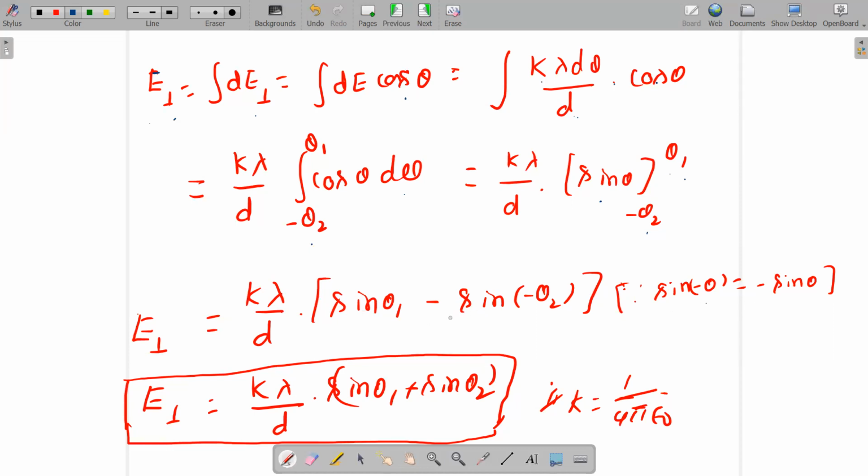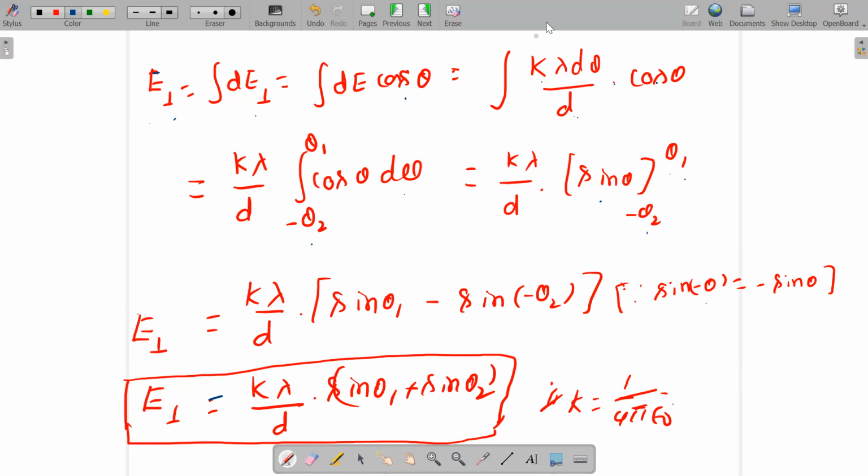So it becomes minus of minus sin theta 2, minus of minus becomes plus, so it becomes sin theta 1 plus sin theta 2. Therefore the total perpendicular component of the electric field at that particular point due to the entire conductor is k lambda by d into sin theta 1 plus sin theta 2, where k is 1 by 4 pi epsilon naught, lambda is linear charge density, and d is the perpendicular distance of the conductor from the point, right?